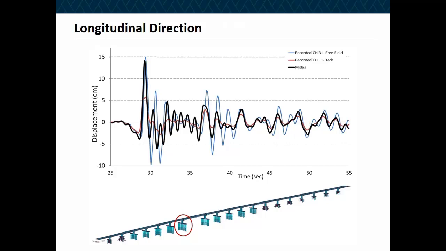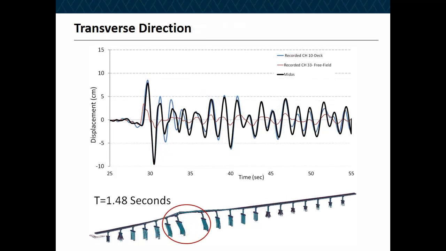Of course, this is a preliminary result, and you can see how nicely we were able to match the pile's biggest displacement at the right location, and it pretty much followed the same trend. Even though at the tail end, at some locations, we're not matching, the main thing is that we were able to match the largest displacement of the recorded motion versus the analytical model in the longitudinal direction.